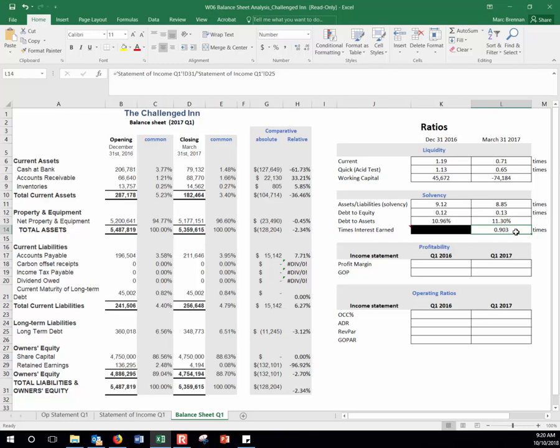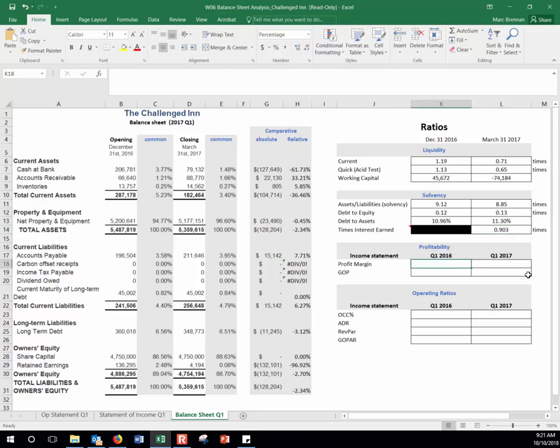Anything below 2, you're concerned about. 4, you're in a good place. That means that with your earnings, you can cover your interest expense, a fixed expense, 4 times over. Lenders are going to be happy with 4. Anything above 5, an investor and owner is going to think that you may not be using enough debt. Okay, you don't have enough interest expense. So 0.903 times, I'm very concerned about that.